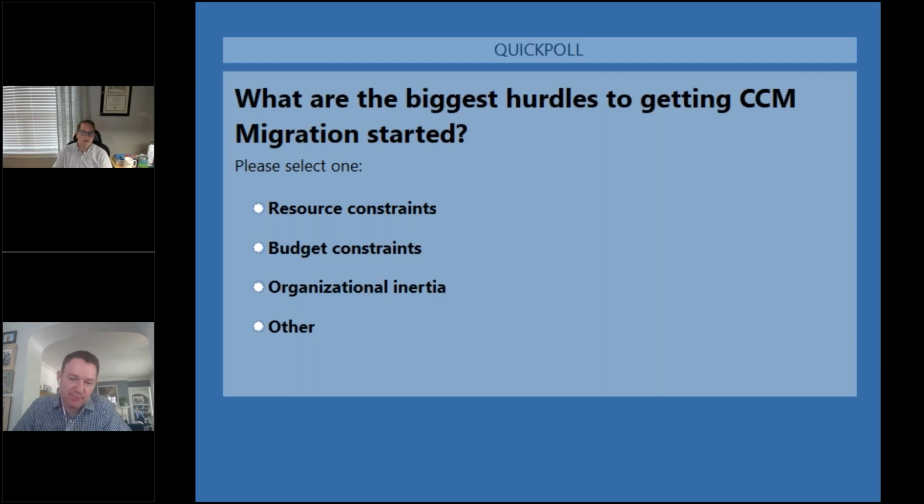Yeah, very good point, Chris. So get those votes in. We've got about 59% of the crowd voted. So please get those last minute votes in. But from my perspective, working with hundreds of customers over the years, everyone has resource constraints and budget constraints. That's just a given of life in the businesses that we run. But organizational inertia is a tough one.